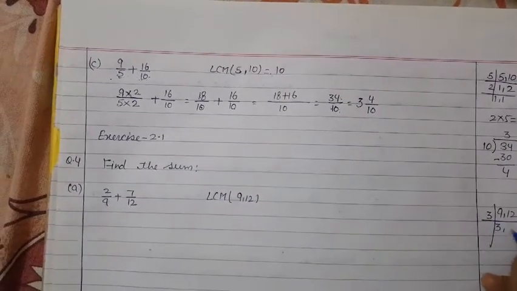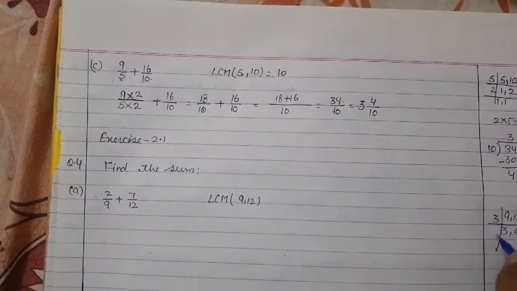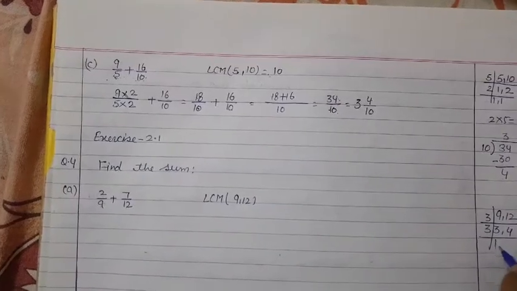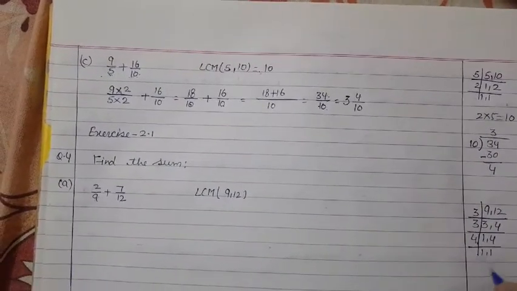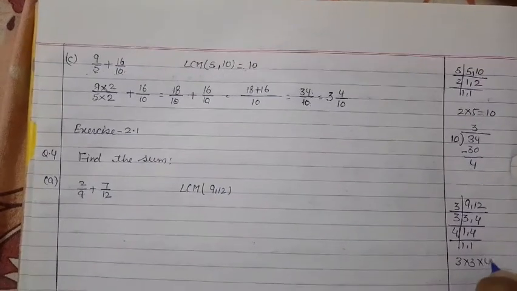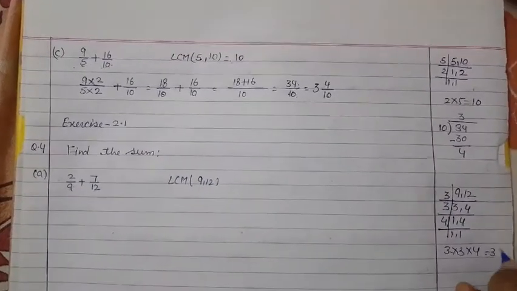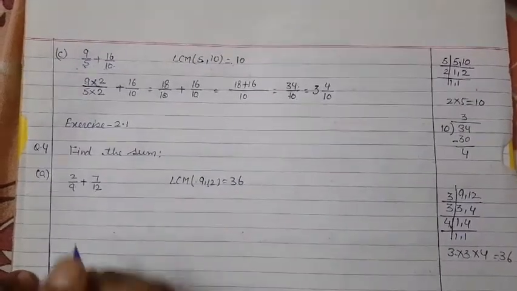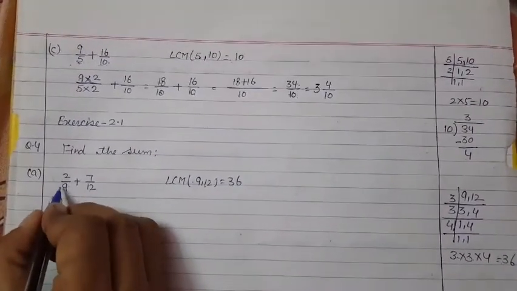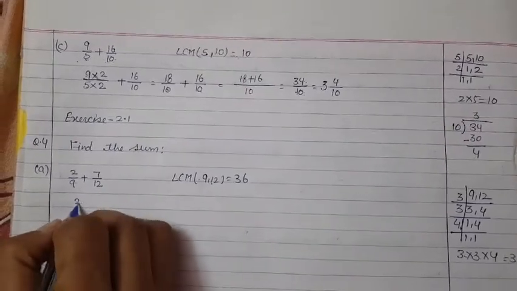3 3s are 9, 3 4s are 12. Again divide by 3, 1, 4, then 4. 3 into 3 into 4 means 3 3s are 9 and 9 4s are 36, which will be the LCM for 9 and 12. So how will we convert 2 upon 9 with the denominator 36? 2 upon 9.